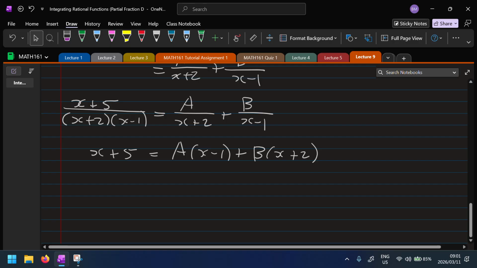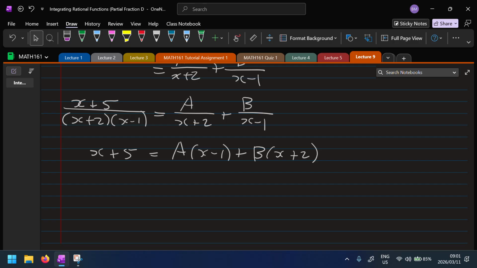So the first method is we are going to choose different values for x in a very clever way that we can solve for a and b. Okay, that's method number 1. Method number 2 is a bit more complicated. We'll do that later. So just put here method 1: choose x values.